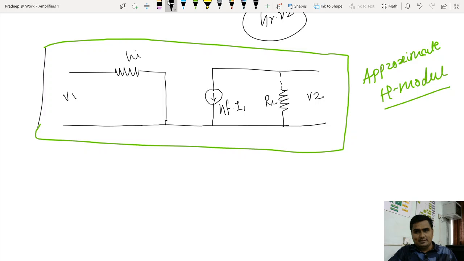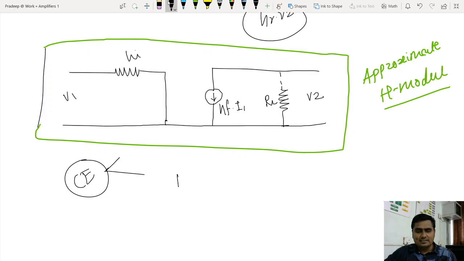So henceforth, in the whole chapter, we are going to use the approximate H module to analyze the amplifier. See, whenever I say amplifier, you need to remember that I am talking about the common emitter amplifier, CE. Common emitter gives good voltage, good current. So that's why I use the common emitter configuration.